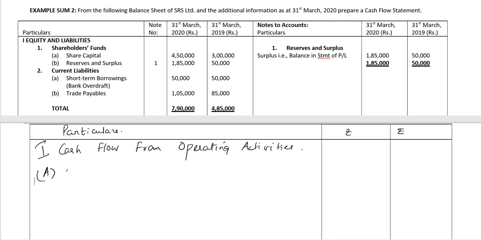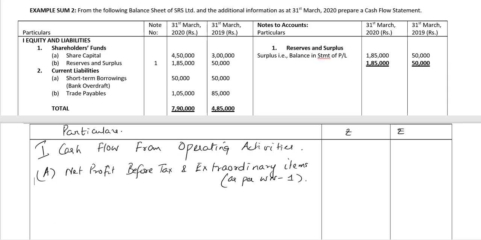We'll begin with net profit before tax and extraordinary items. As per working note 1, let's go ahead and prepare the working note.